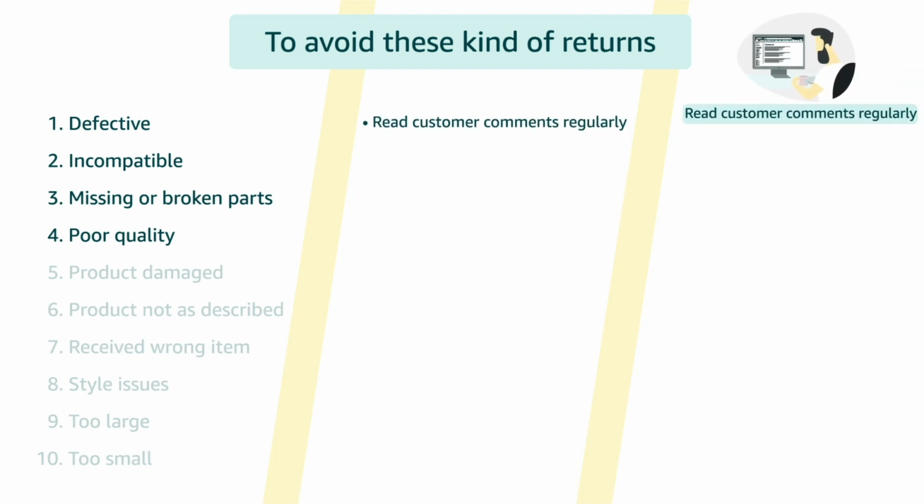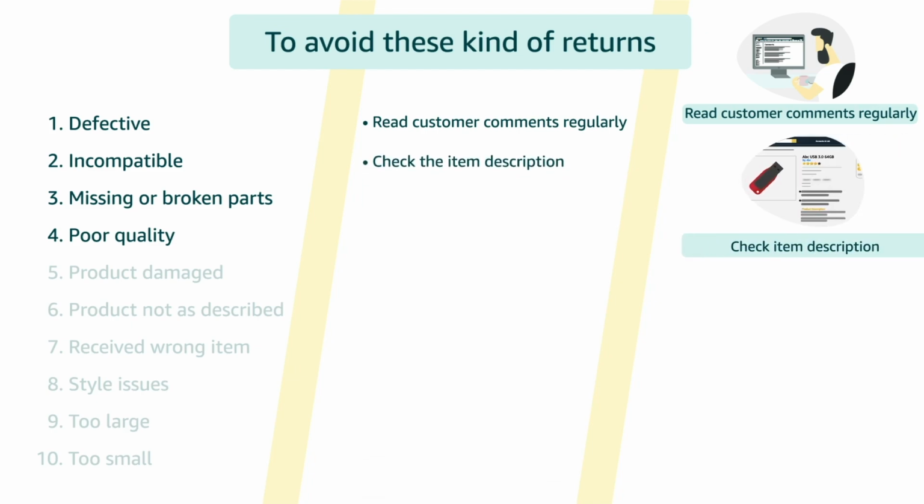To avoid these kind of returns, number 1. Read customer comments regularly to identify defects in an ASIN and incorporate product reviews to improve product quality. Number 2. Check the item description on the product detail page to ensure correct and detailed description of the product is added. This will reduce returns related to incompatibility.